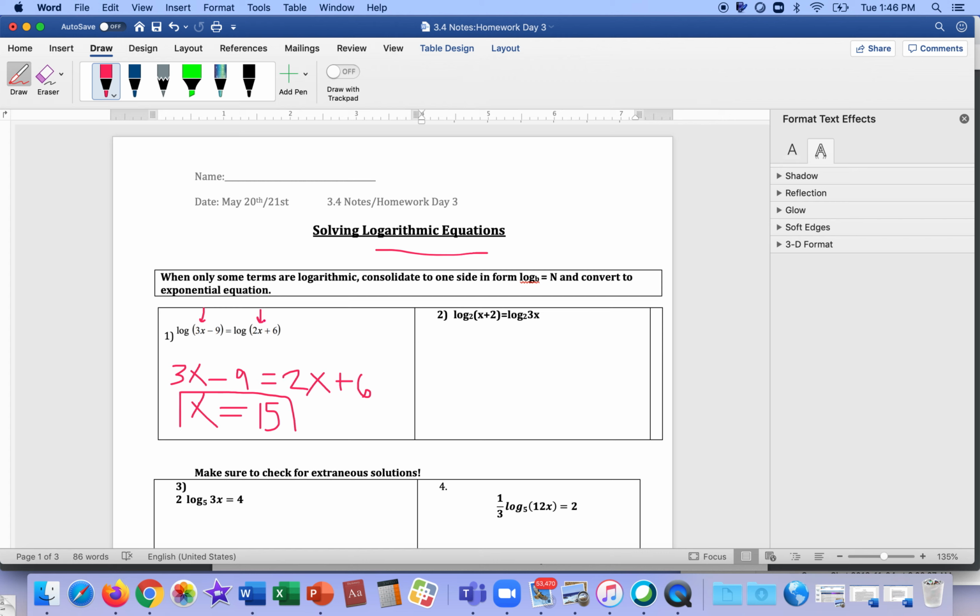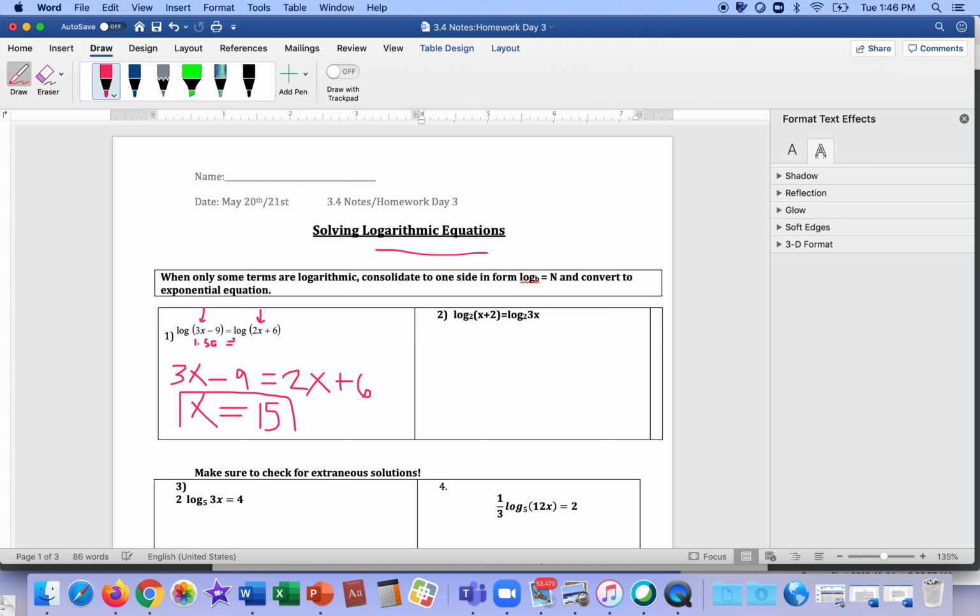So let's see, we have 3 times 15 minus 9. If you plug in 15, it's 45 minus 9, so it's 36. And so log of 36, we pop that in our calculator, it's 1.56 approximately.